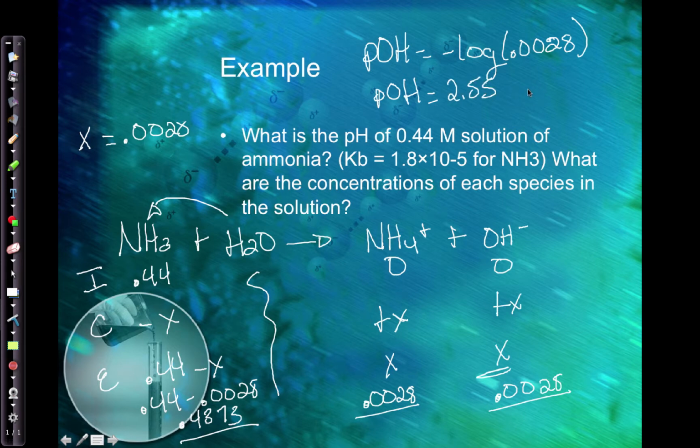So then subtract this from 14 and my pH should be 11.45. So when you're solving for this, if you get a pH that doesn't seem right, so if you have a base, it should be above 7. If you have an acid, it should be below 7. If you get something that's the opposite, you've probably solved for pOH or pH instead of the opposite. All right.